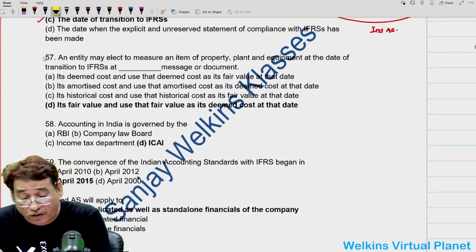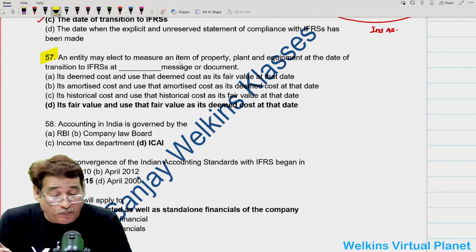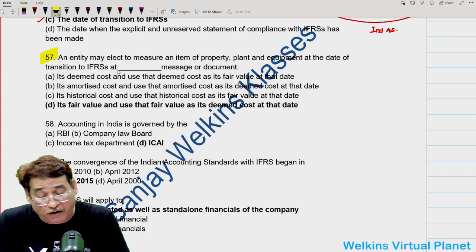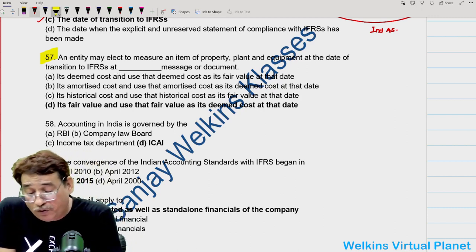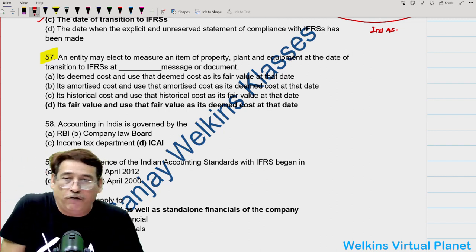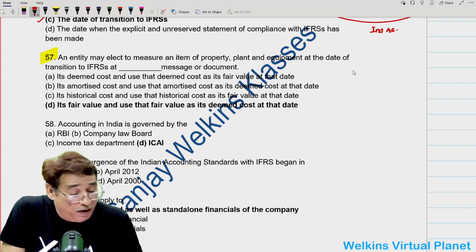57. An entity may elect to measure an item of property, plant and equipment at the date of transition to IFRS. Now, this is an interesting question. This point was very well explained under Ind-AS 1.